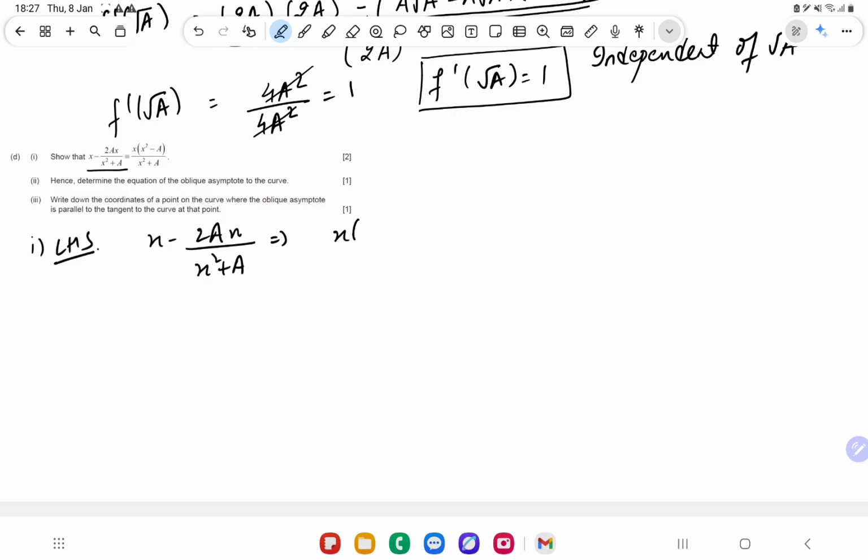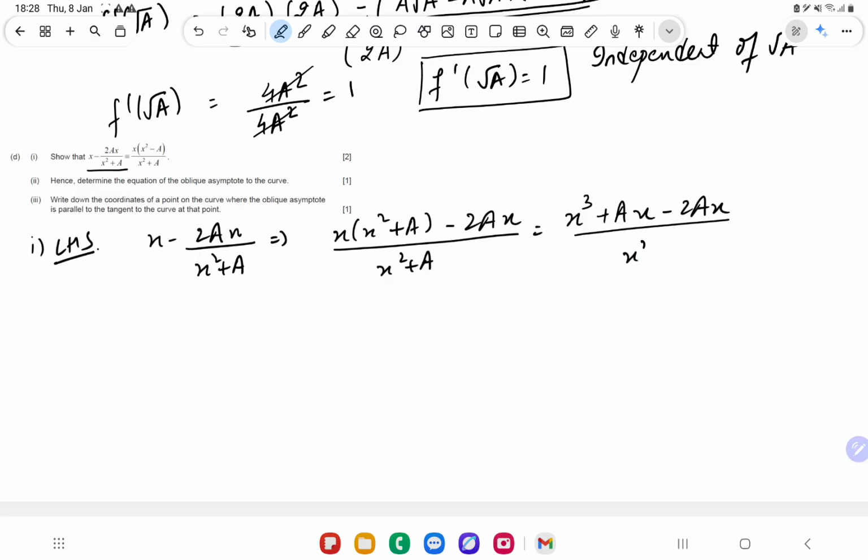So I will be getting x bracket x square plus a minus 2ax. If I take x square plus a as my LCM, now I can simplify this and write it like this. So x square plus a. Now these two terms will be a cube minus ax divided by x square plus a.